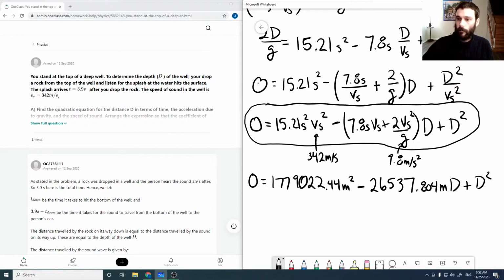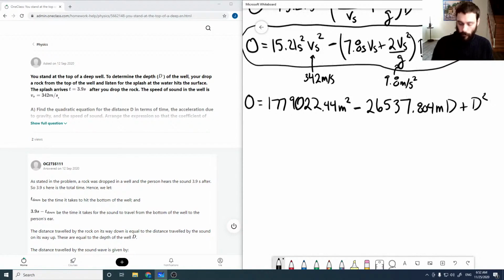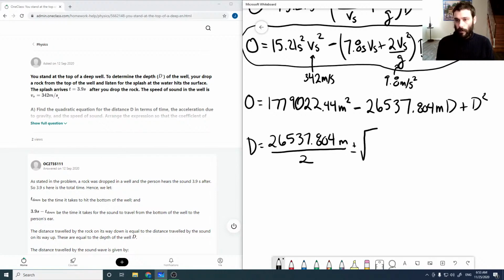Using these numbers in the quadratic equation, we have d is equal to minus b, so that's 26,537.804 meters over 2a, where a in this case is just 1, plus or minus the square root of this value squared minus 4 times, okay, I'm just going to use a new line for this one.